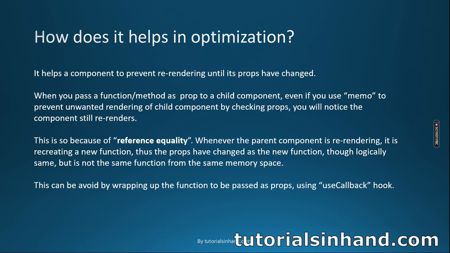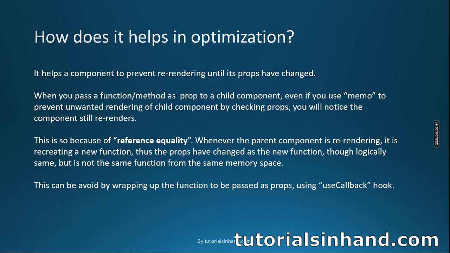Not only are you passing data this time, let's say you are also passing a method from the parent component to the child component, and you are wrapping the child component using memo. Now what will happen if you put a console message in your child component? You will see that even if the data being passed to the prop has not changed and the child component is wrapped using memo, the child component is still re-rendering whenever the parent component gets re-rendered.